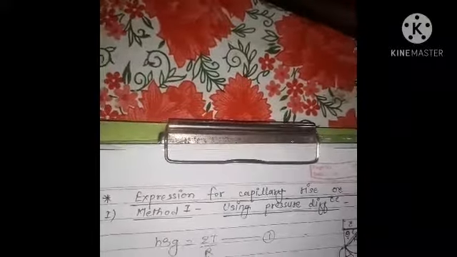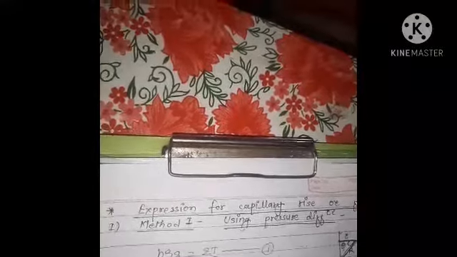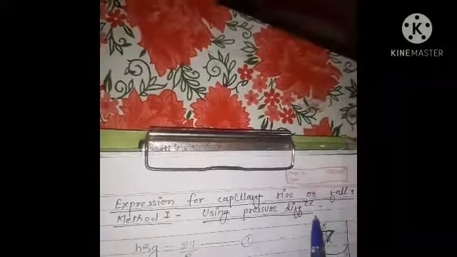Hello students, in second topic, mechanical properties of fluids, today we are going to derive an expression for capillary rise or fall by method 1, that is by using pressure difference method. To derive this expression, see this diagram.